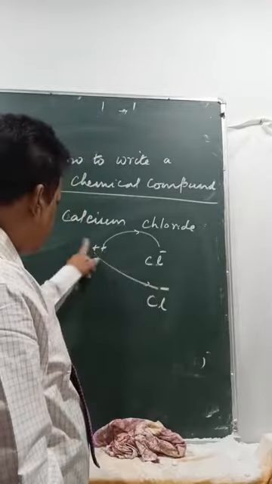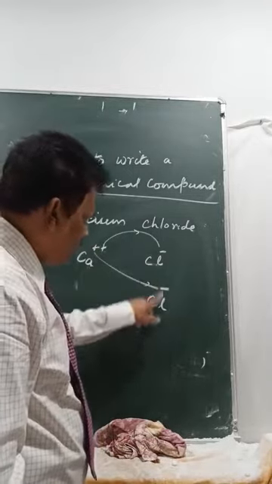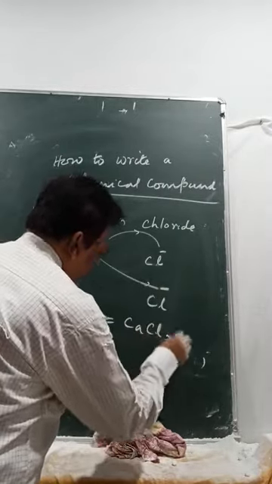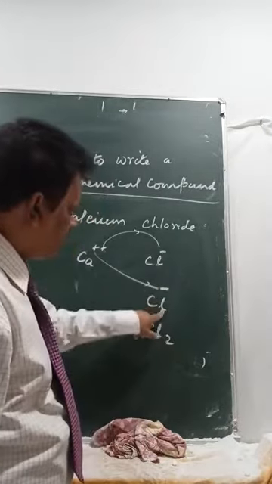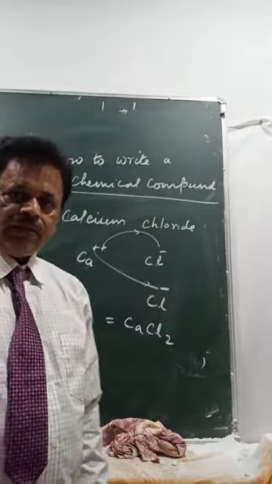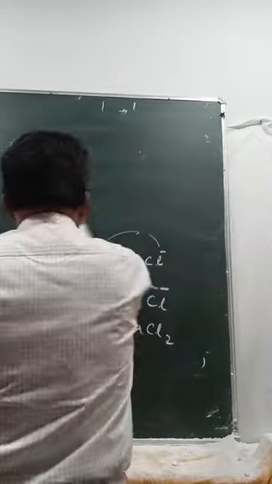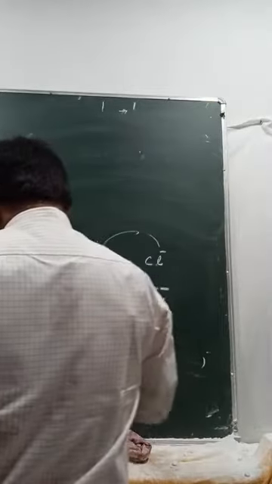That means for 1 calcium, you need 2 chlorines, so that this becomes CaCl2. Why Cl2? Because you need 2 chlorines. Okay, let's take one more. Suppose I write aluminium chloride.